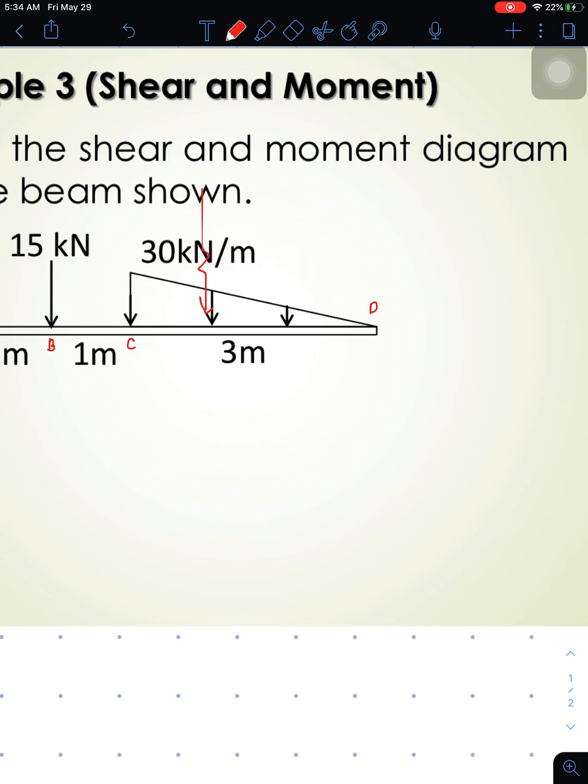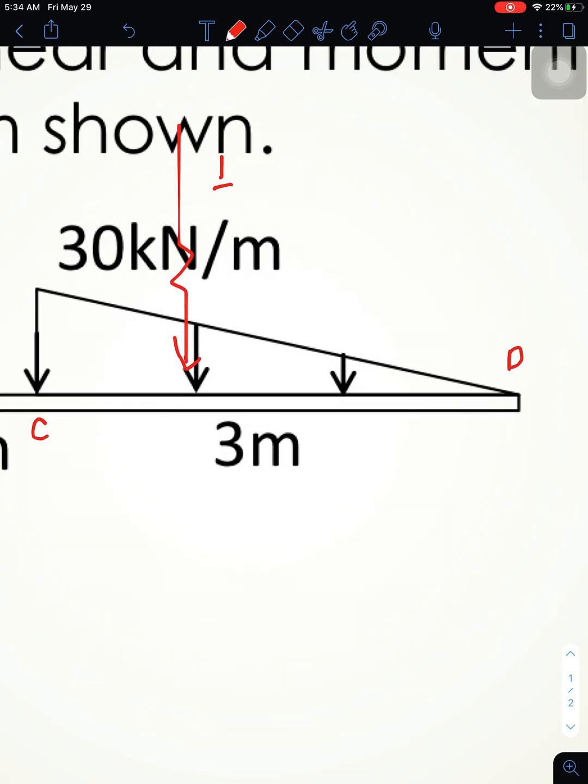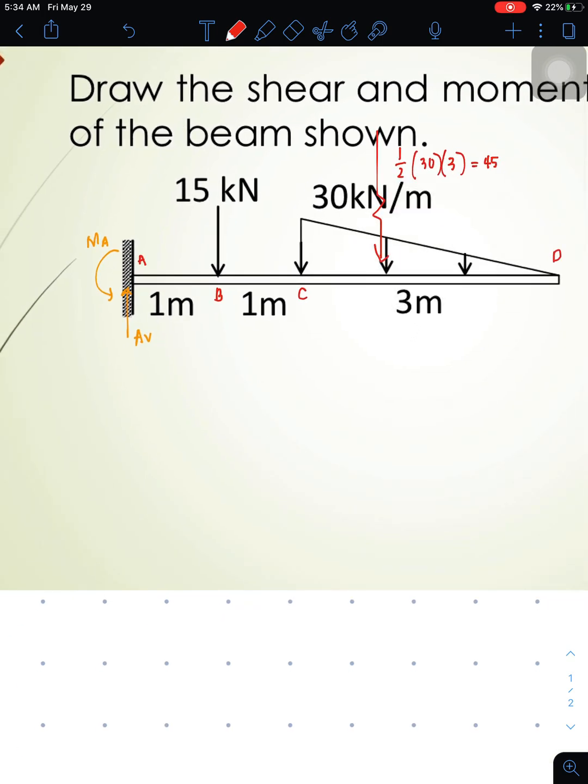The resultant would be 1/2 of 30 times the distribution 3. So 30 times 3 is 90 divided by 2, so this is 45. Okay, so let us start.